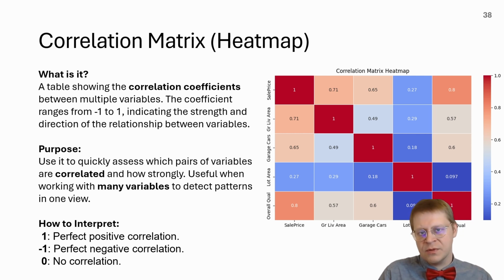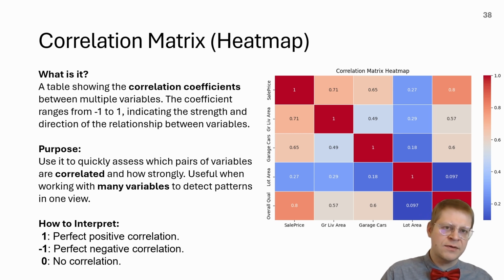It is useful when working with many variables to detect patterns in one view. So how to interpret? 1 indicates perfect positive correlation, -1 is perfect negative correlation, and 0 is no correlation.